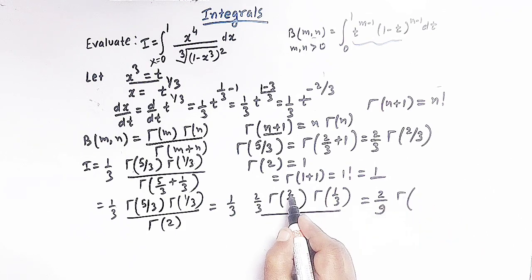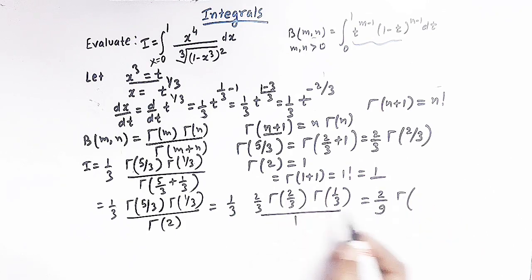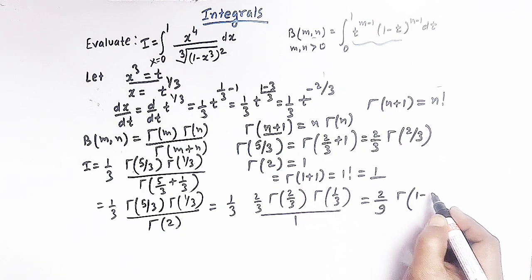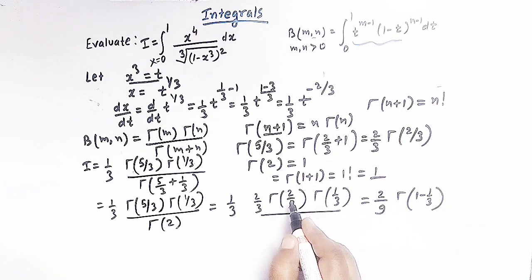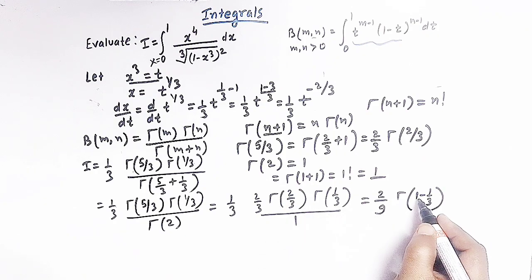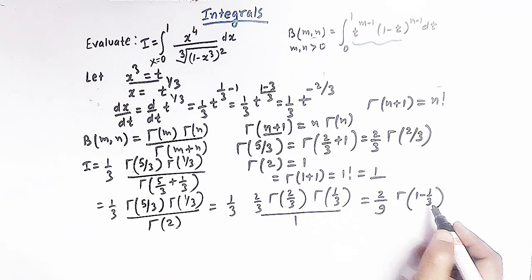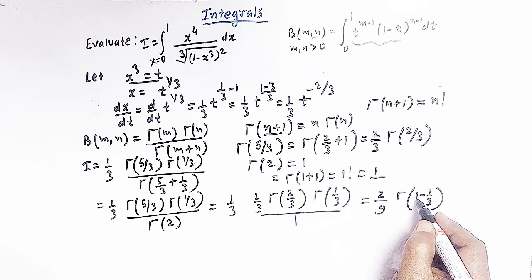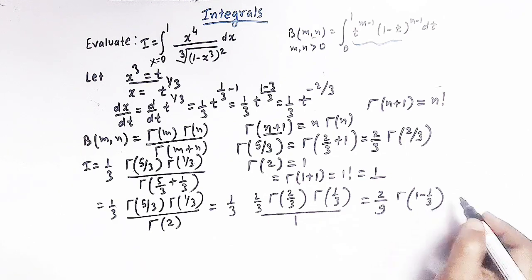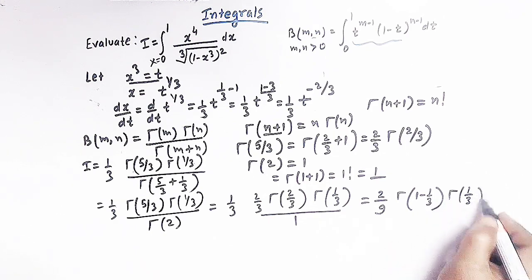And then we can now write this 2 over 3 as 1 minus 1 over 3, right? So the purpose of writing 2 over 3 as 1 minus 1 over 3 is to make use of the famous Euler's reflection formula. So gamma 2 over 3 can be written as gamma of 1 minus 1 over 3, and here we have gamma 1 over 3.